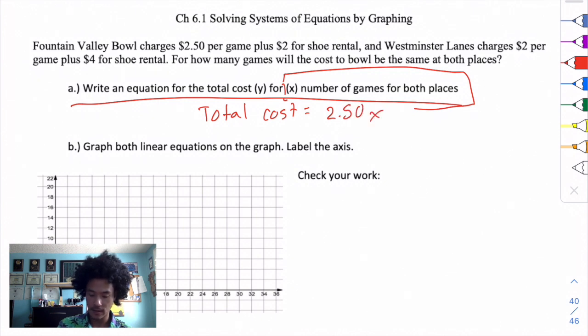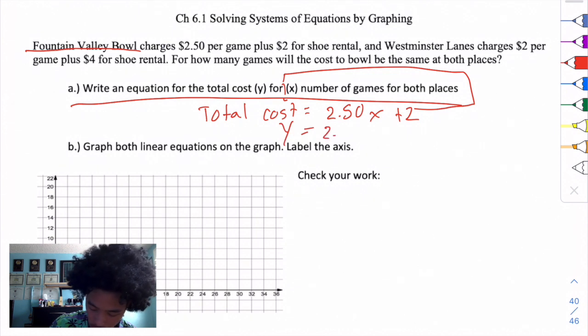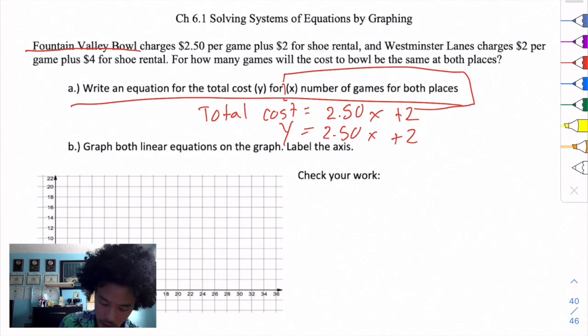Game represents X, and how much are rental shoes? Oh, for Phantom Valuable, the first place. Phantom Valuable is $2. So total cost is Y equals 250X plus $2. That's your first equation, okay? That's this first one here.